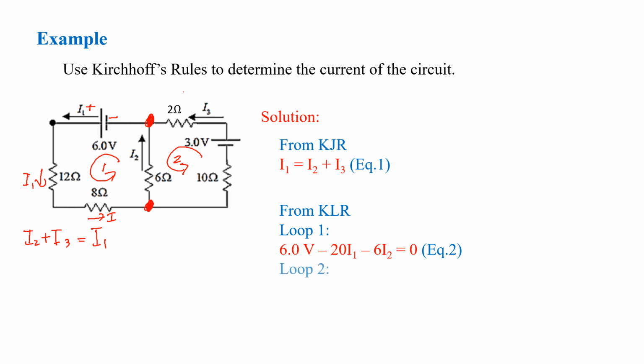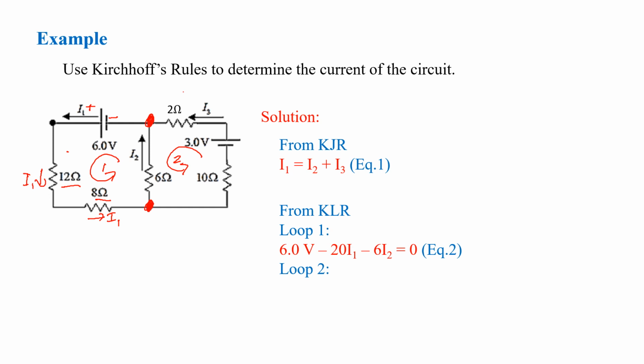You still have I1 passing through your 8 ohms, and our travel is still in the same direction as the current I1, so you have minus 8 ohms. As you can see, these two resistors, your 12 ohms and your 8 ohms, are just in series, so we can have negative 20 I1 voltage for these two resistors.